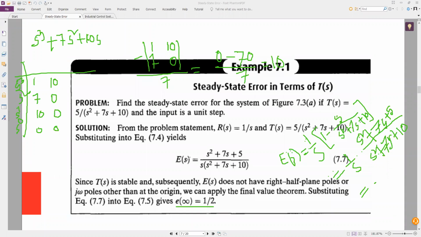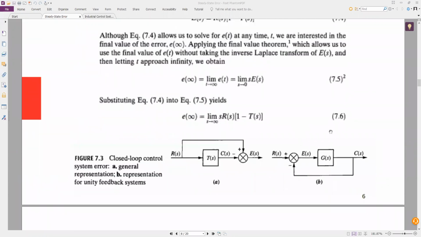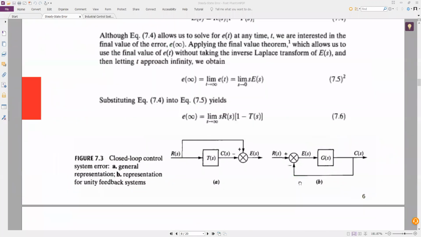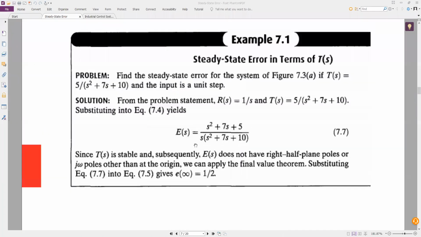So put equation 7.7 into equation 7.5. Which one is equation 7.7? Substitute it into equation 7.5: the limit as s tends to 0 of s into E(s).